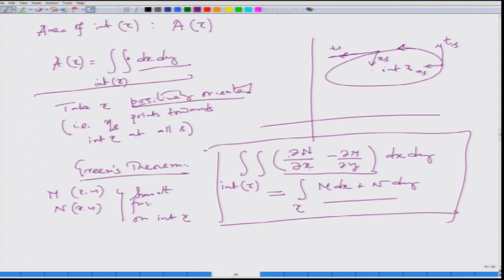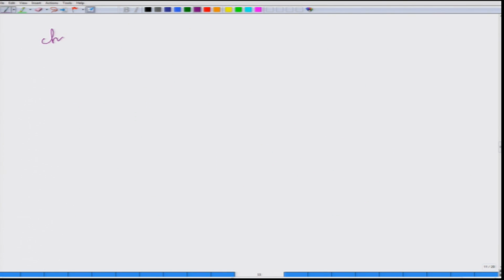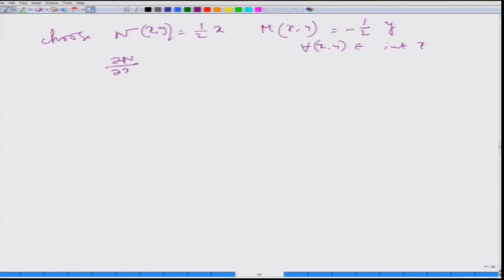Then I can express it as a line integral over gamma of M dx plus N dy. So, choose N of x,y equal to half of x, M of x,y equal to minus half of y for all x,y in the interior of gamma. Then you see del N del x minus del M del y is just 1.